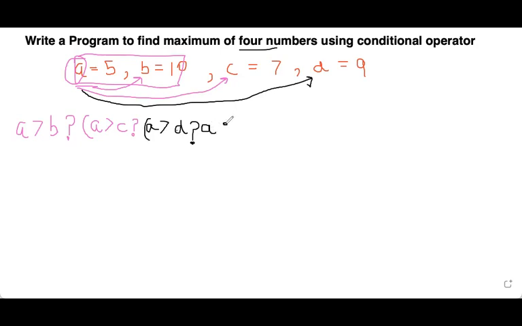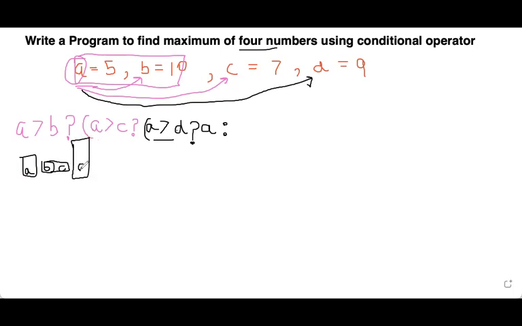Else, if it is not true, if D is greater than A, what are you going to write over here? See, A is greater than B. So this is your A, right? This is your B. So A is greater than B. It's also greater than C. We don't know what's the relation between B and C, but yes, we know the relation between the three numbers. A is greater than B and A is greater than C. Now, in this expression over here, you found out that A is not greater than D. A is less than D. It means D is bigger, right?